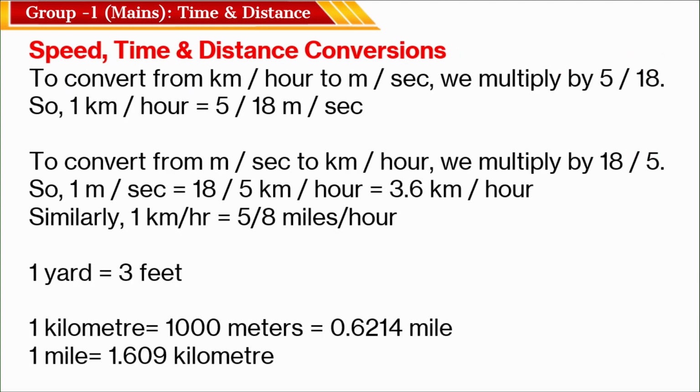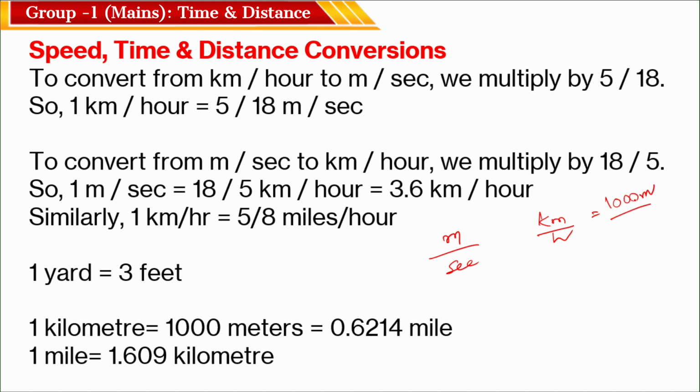Now there is a relation, we have to convert one kind of unit to another kind. We are taking meter per second and kilometer per hour, and we are going to take a relation between them. How many meters are in 1 kilometer? 1000 meters.